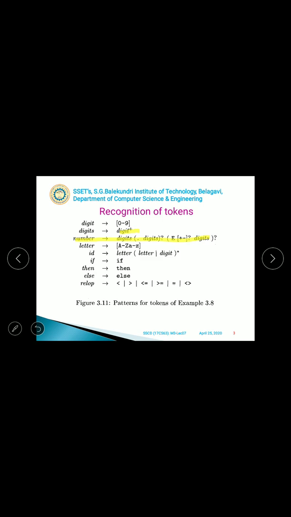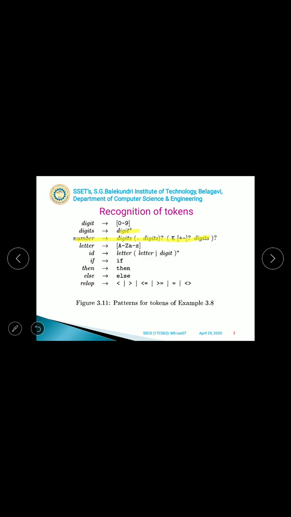It can be digits followed by dot, again with one or more digits, and then with an optional scientific notation. It means that this whole regular expression represents all three types of numbers, that is just an integer number, a real number, as well as an integer or a real number with scientific notation.